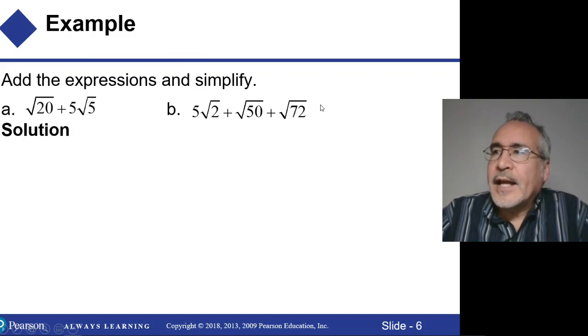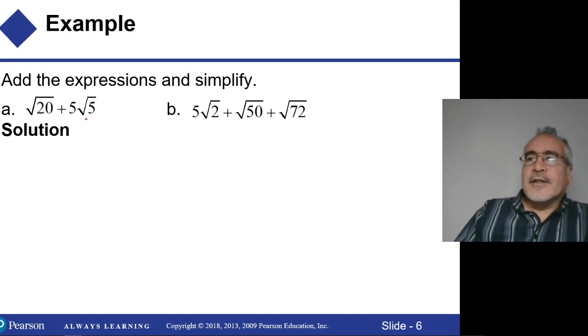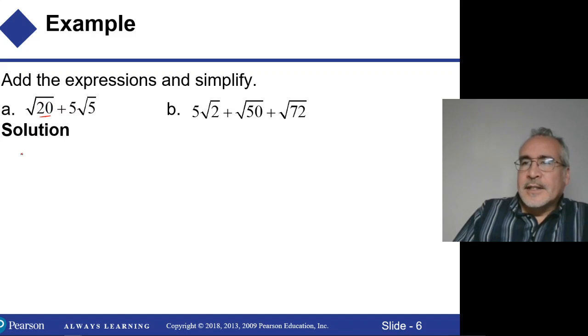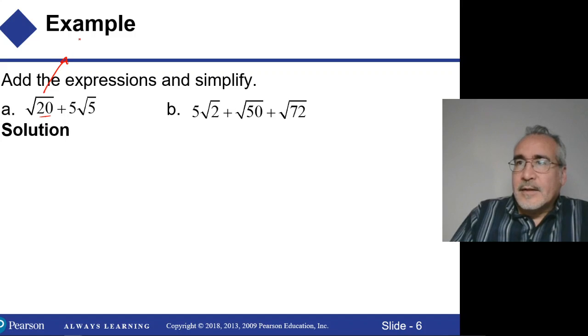Okay, so add these expressions. Notice we look at them, they're not like terms now, but what about the square root of 20? That's 4 times 5, right? This is a square root of 4 times 5. 4 is a perfect square, so that's going to be 2 square root of 5.